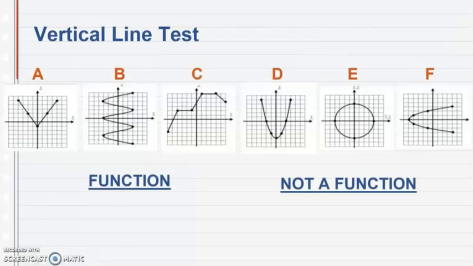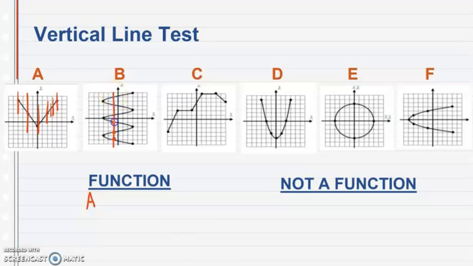So here are some more examples using the vertical line test. Let's look at graph A. We have this V. Do we have any points that line up directly above each other? So I'm just going to imagine me drawing this line or pulling this line across. Every single place on this graph, there's only one point that crosses. So that is a function. If I look at letter B, let's say I drew a line right there.